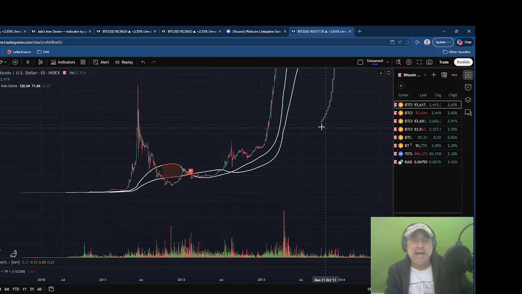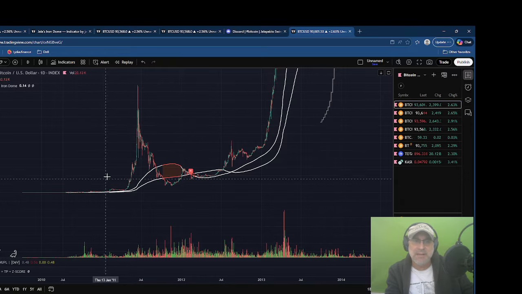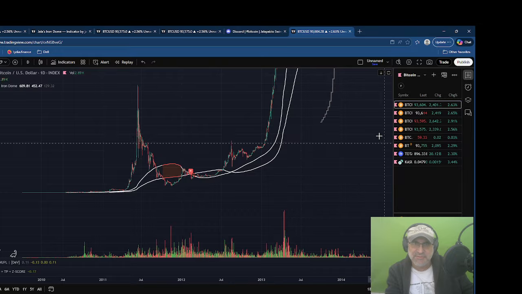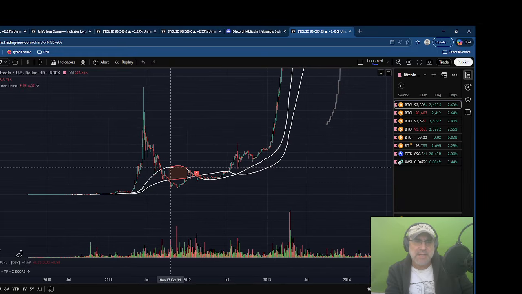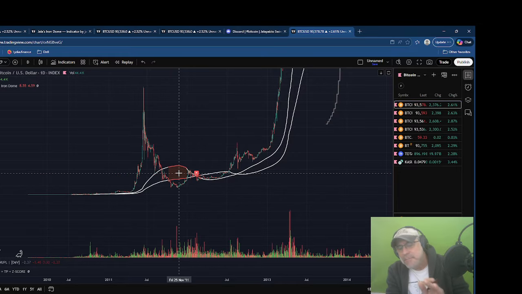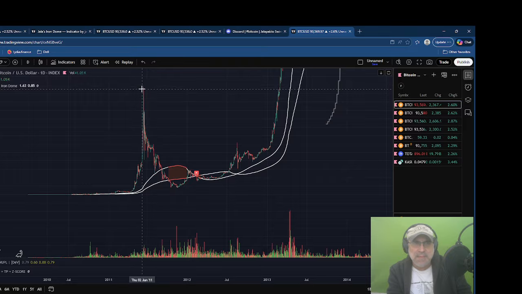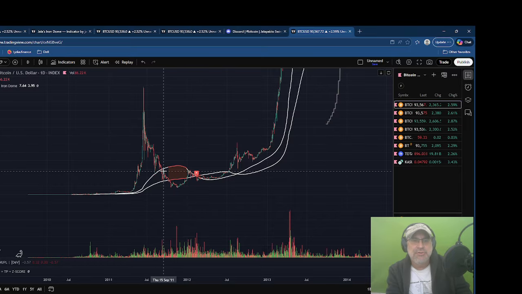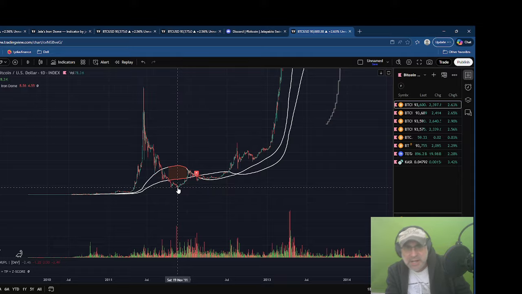So it came down here. Now this is the 200 weekly simple moving average. Bitcoin hadn't been alive long enough for this to register, but nonetheless we can assume it was down in this area. The point I'm trying to make is that every time Bitcoin makes an all-time high, and I'm going to show you this, and comes back down, it retraces through the 200 and then the 400, before it comes back up through the Iron Dome.